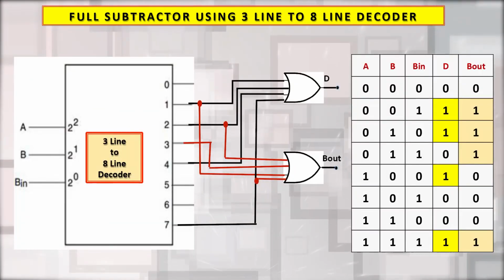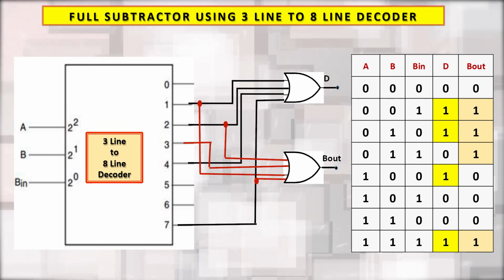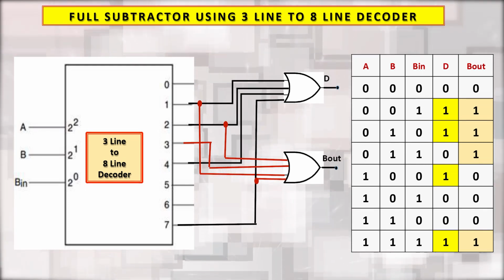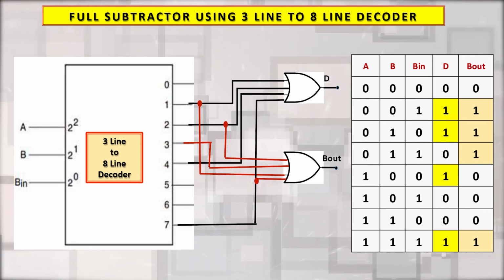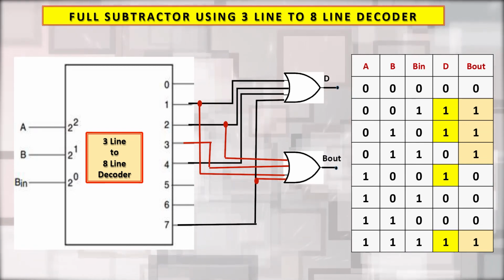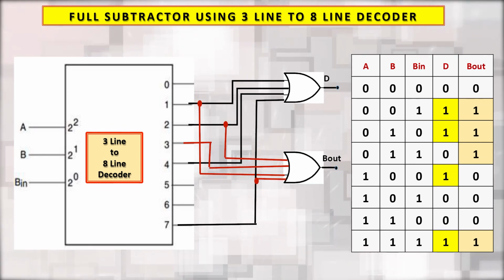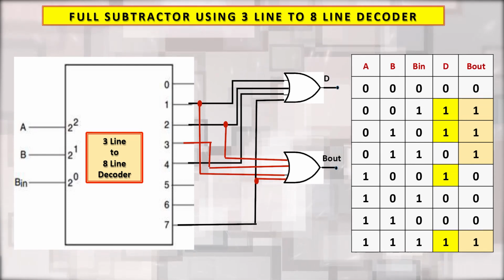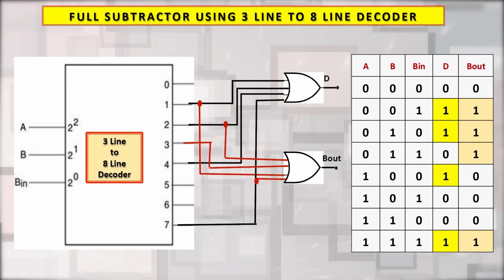Again we will consider the input bits A, B and one borrow input bit, that is B in, and the difference of A and B is considered as the D bit and borrow out is considered as B out. The inputs A, B and borrow in vary from 000 to 111, and accordingly the difference will be there.